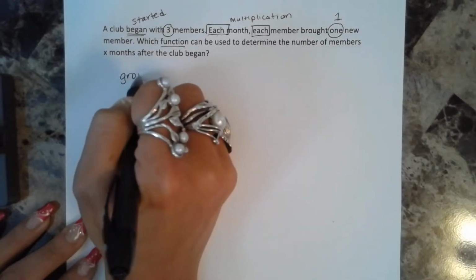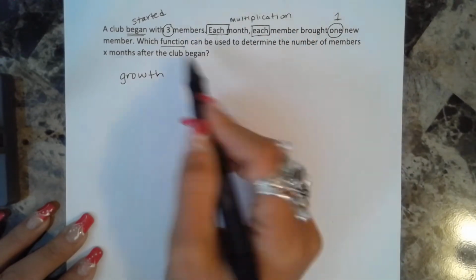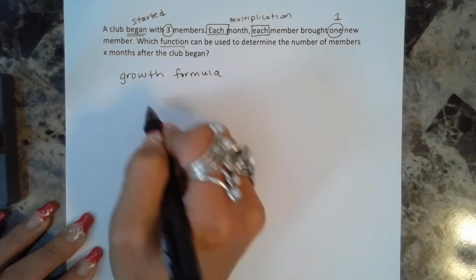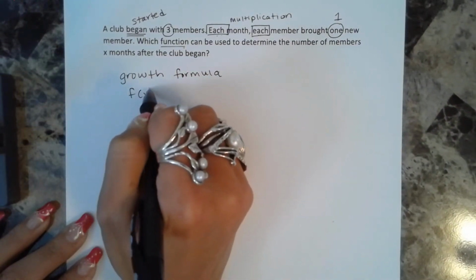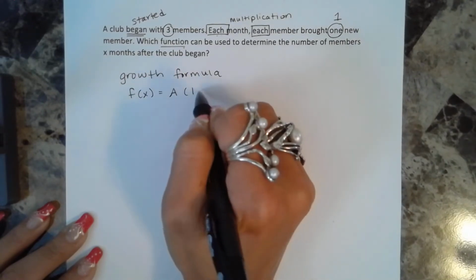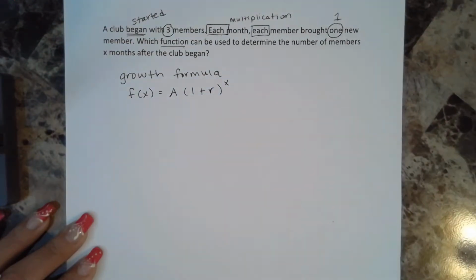So for growth, because it's growing, they keep bringing new members, so the growth formula is f of x equals a times 1 plus r to the x power.